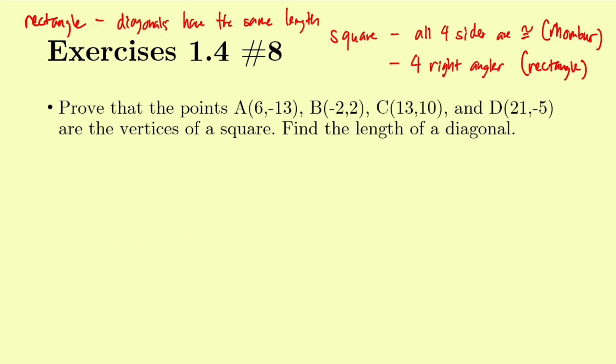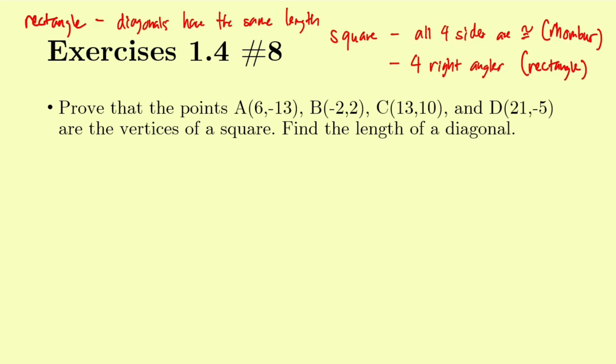In order to show that these four vertices are defining a square, we need to show that the four sides they are forming are congruent and that the angles they are forming are right angles. Alternatively, we can show that the diagonals of these four vertices have the same length.